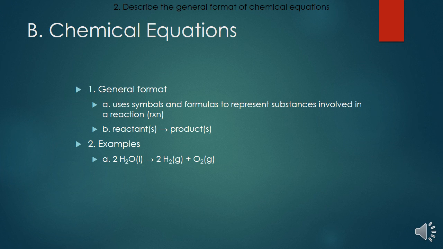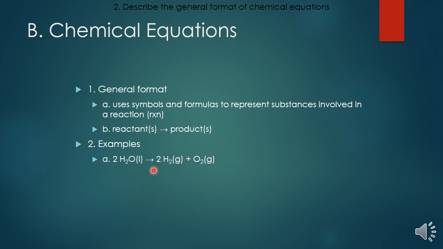So here we have an equation. If we look at the symbols here, some things should look very familiar. We have H2O, which we know as water. We have H2, which is hydrogen. We have O2, which is oxygen. Now there are some other things here that you might not be so familiar with. Notice in front of a couple of these, the formula for water and the symbol for hydrogen, we have the number 2.